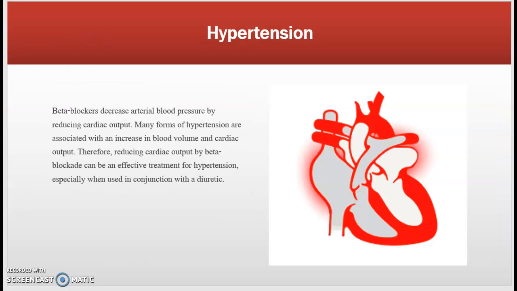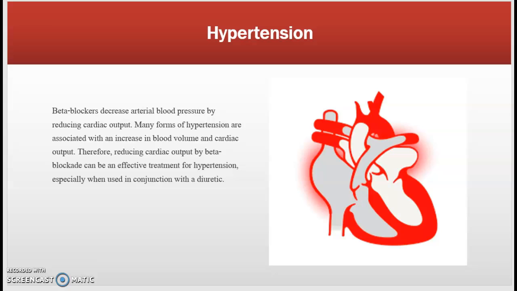So, as mentioned before, beta blockers are prescribed or used in the treatment of various conditions, among which, I want to address two today, maybe three, are hypertension, angina, and myocardial infarction, which is commonly referred to as a heart attack. The beta blocker decreases the arterial blood pressure by reducing cardiac output.